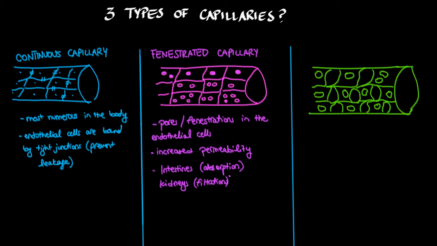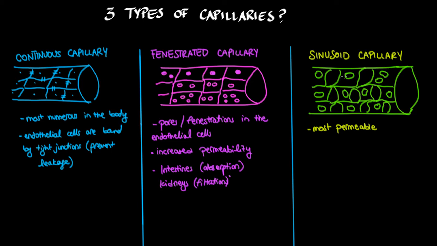Finally, our third type of capillary is what we call the sinusoid capillary. And so the sinusoid capillaries, these are actually the most permeable. And so let's look at the structure of this capillary.